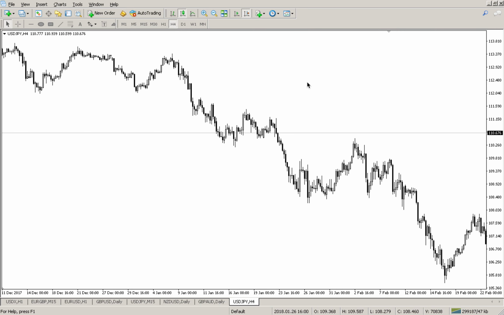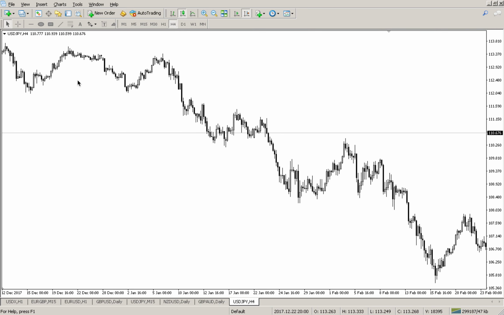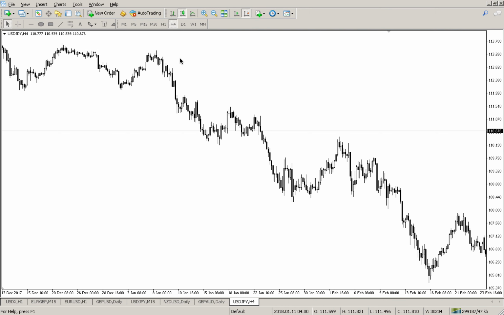Now, apart from that, the main purpose of this is to understand the discount and the premium, which I was talking about earlier. The reason for that is the Fibonacci is going to show you the best time to sell inside a range, when price is trending bearishly. So let's say we have price trending bearishly, right?